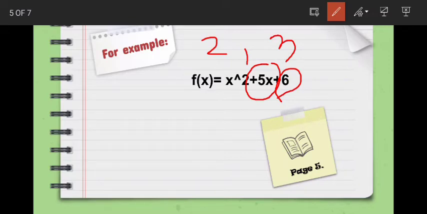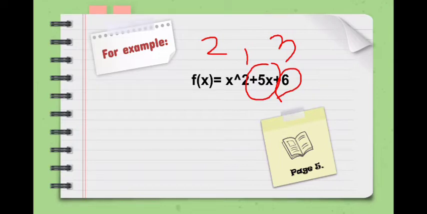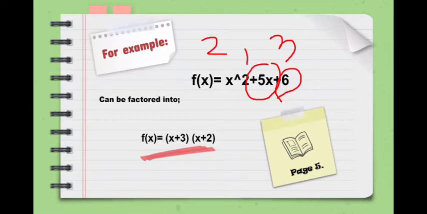Those are factors of 6, and when we add them, it will result in 5. So we can decompose it into f of x equals the quantity of x plus 3 times the quantity of x plus 2. So that is the factored form of our given example, f of x equals x squared plus 5x plus 6.